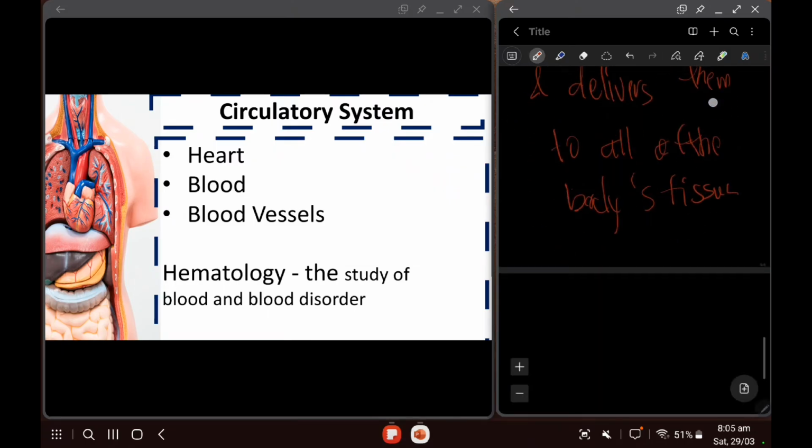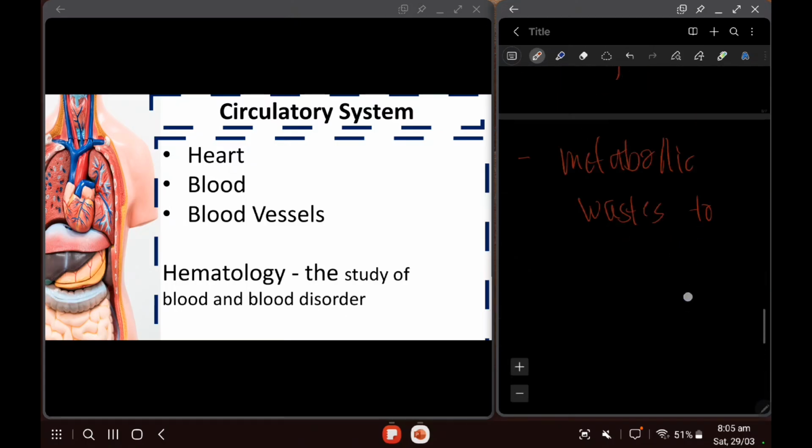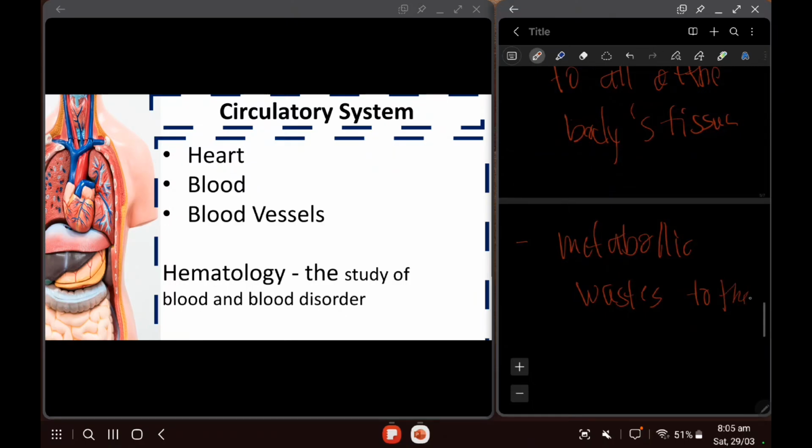Since it carries nutrients from the digestive tract, it delivers them. Once those nutrients are absorbed by our small intestines, they are delivered through the blood to be distributed throughout the body. And also, it carries metabolic waste, which is removed by the kidneys for removal.